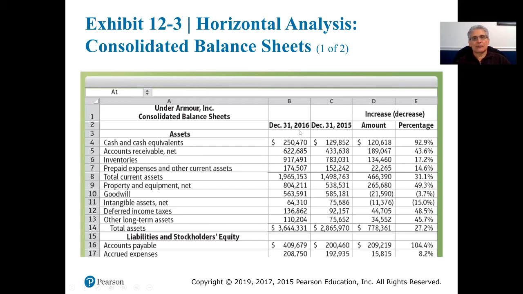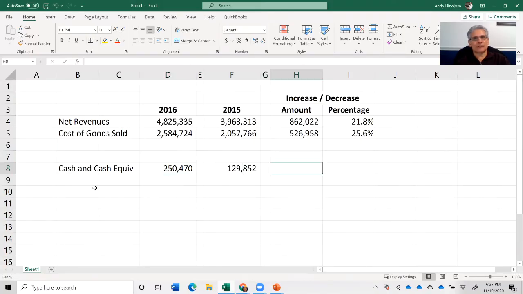For December 31st, 2016, the dollar amount was $250,470,000. For 2015, it was $129,852,000. The difference, $120,618,000, which is a change of 92.9%. The way we compute the difference is we take the 2016 number and we subtract from that the 2015 number.